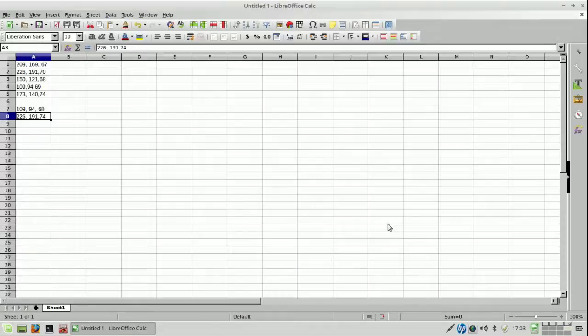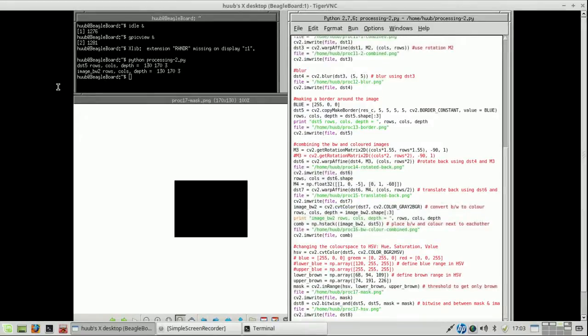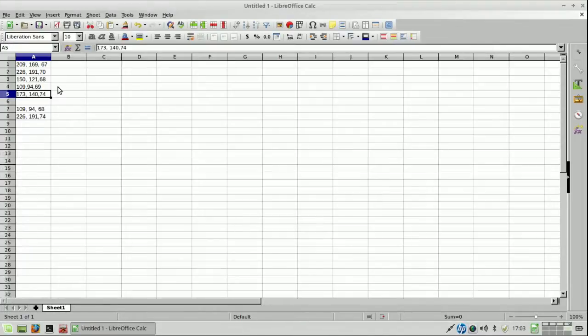So the next attempt is to pick actually the lowest and the highest value, which means 69, 94, 109. And the other is the highest value, 70, 191, 226.